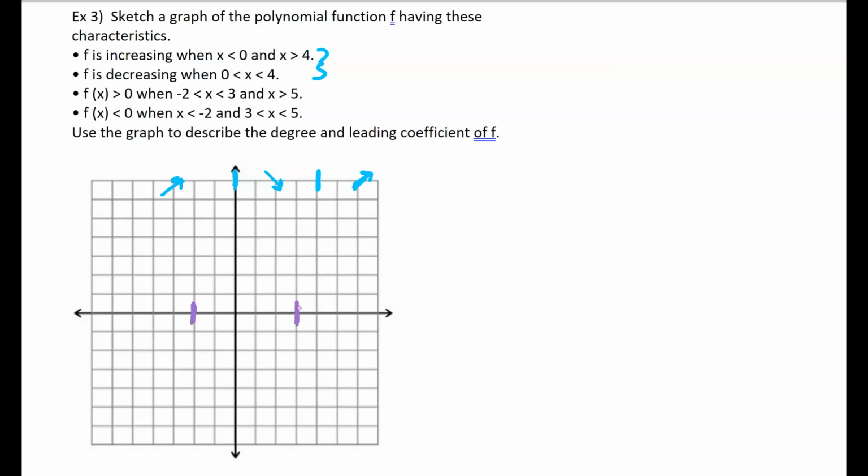And it says it is positive, greater than 0, when it's between those two values. So I'm going to put a little plus mark up here to remind me I should be above the x-axis when I am between -2 and 3. But also when x is greater than 5. So I'm going to mark x equals 5 also. And greater than 5 is to the right. I'm going to put another plus sign over here. I should be above the x-axis.